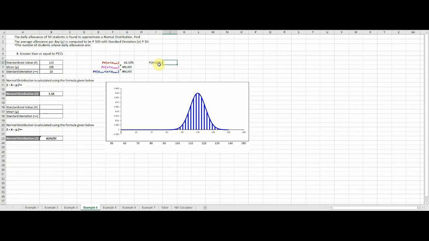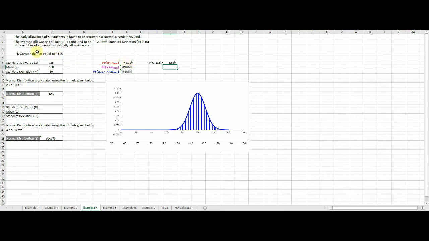We're going to subtract 0.5 with the area of z-score 1.5, which is subtracting from the area. And therefore, the probability of having an allowance greater than or equal to 115 is 6.68%.